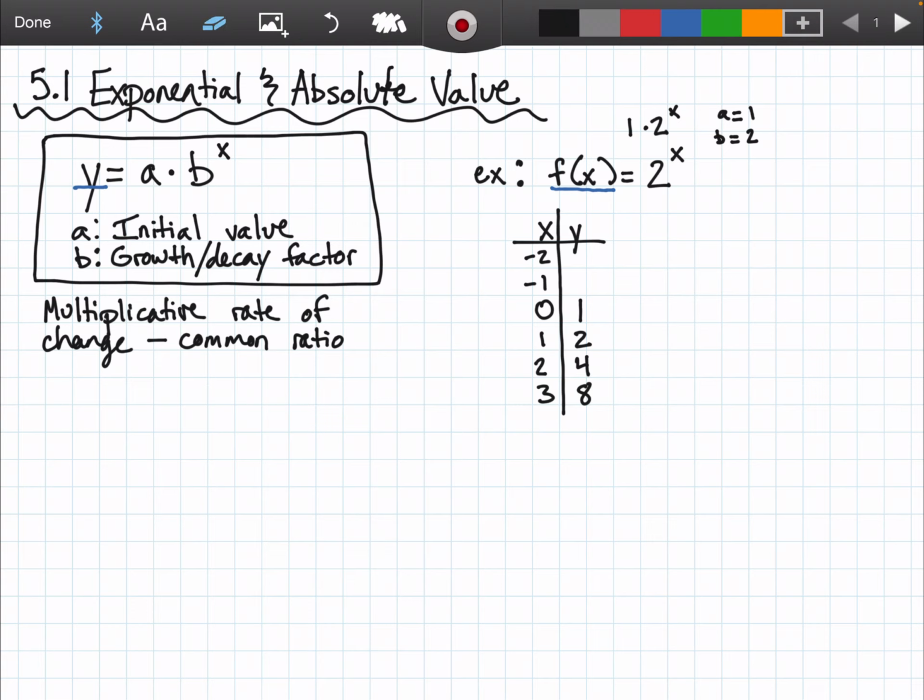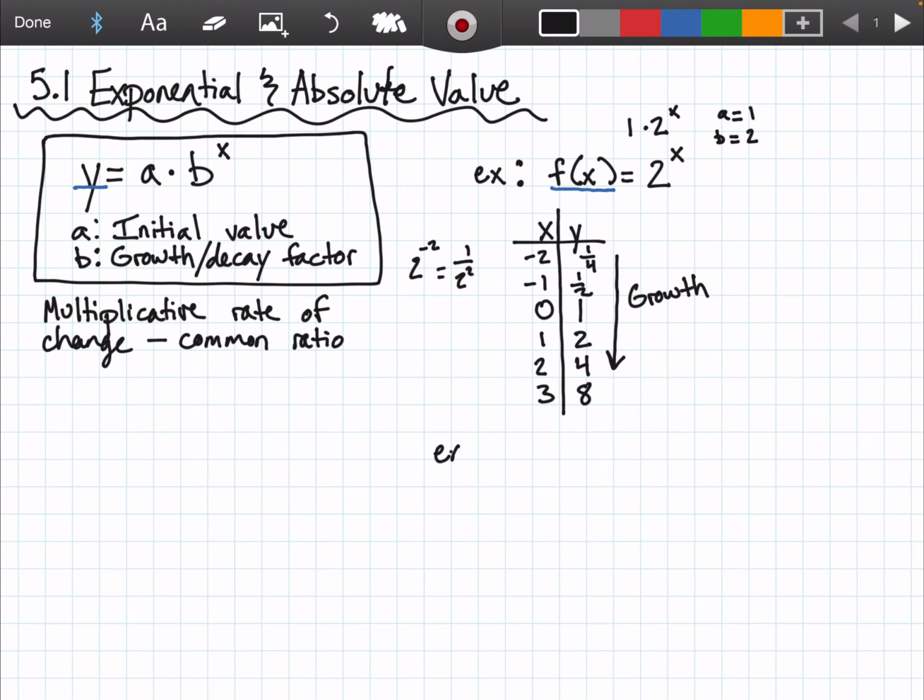Well, that means if I go back up the table, I'm dividing by 2 every time. So I'd get a 1/2 and a 1/4, which comes in with negative exponents. If we remember, 2 to the negative 2 is 1 over 2 squared, which becomes 1/4. And so with this one, as I go down, we have growth.